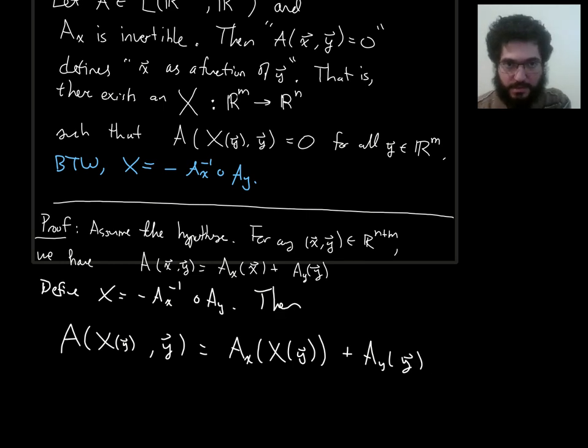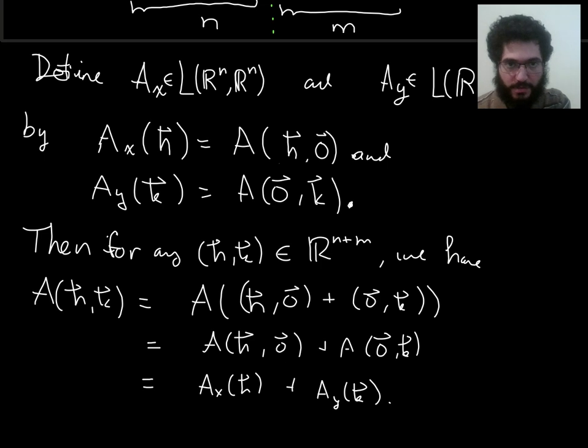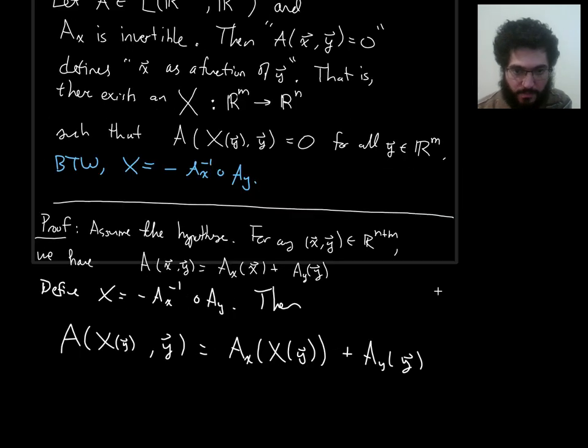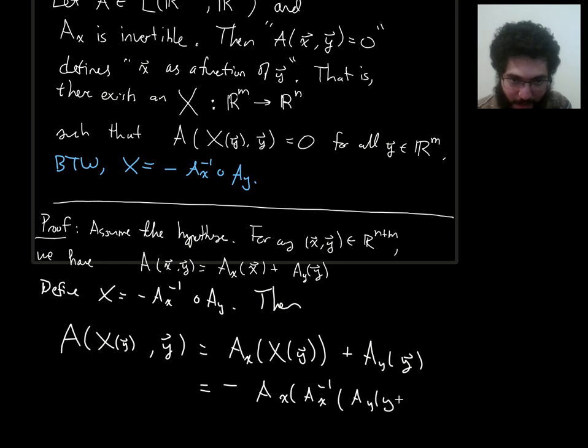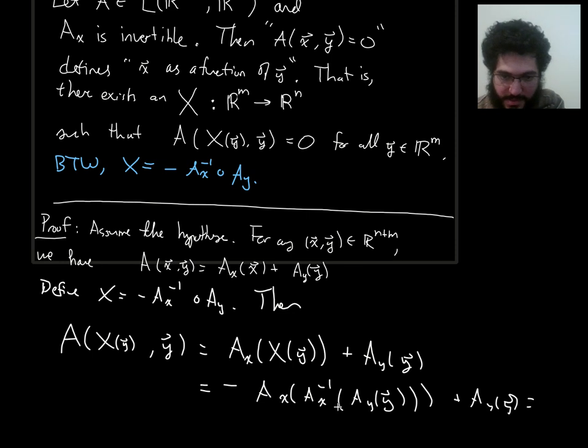So that's using this principle from before over here. And then this is negative A sub x inverse A sub y, y. And you can see these cancel and you get 0. Okay, so that's the implicit function theorem, linear version.